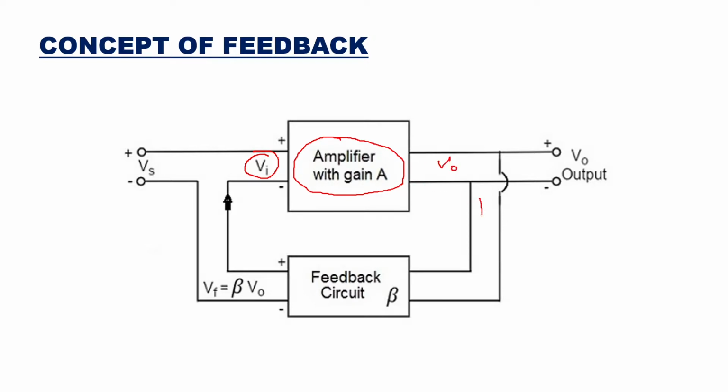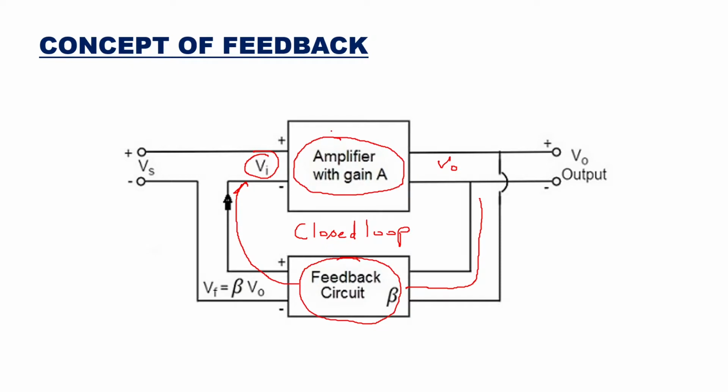Now this amplifier output is connected back with a feedback network to the input. So this is called a closed loop. Whenever output is connected back to the input, it is called feedback.